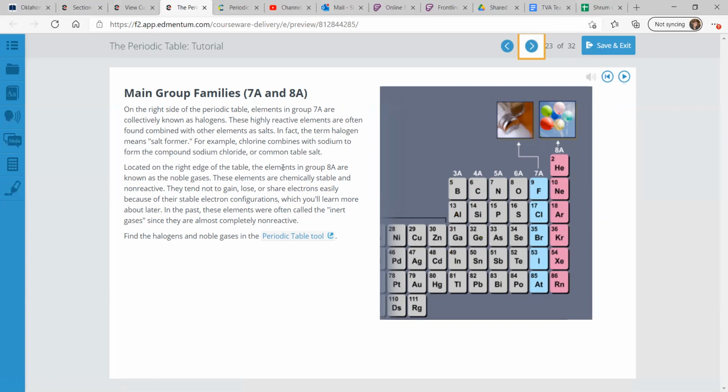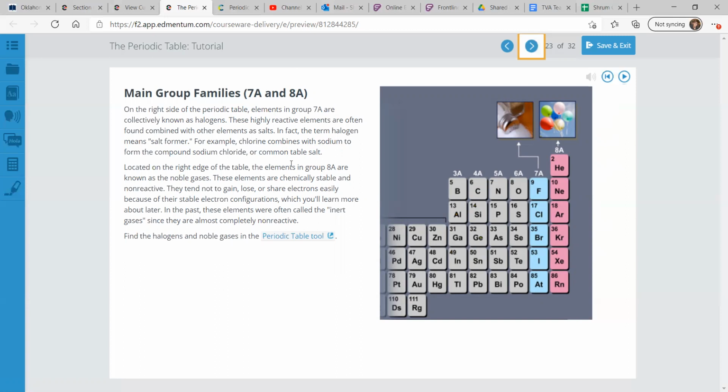So salts can be from the left-hand side of the periodic table. In fact, the term halogen means salt former. For example, chlorine combines with sodium to form the compound sodium chloride, or common table salt.